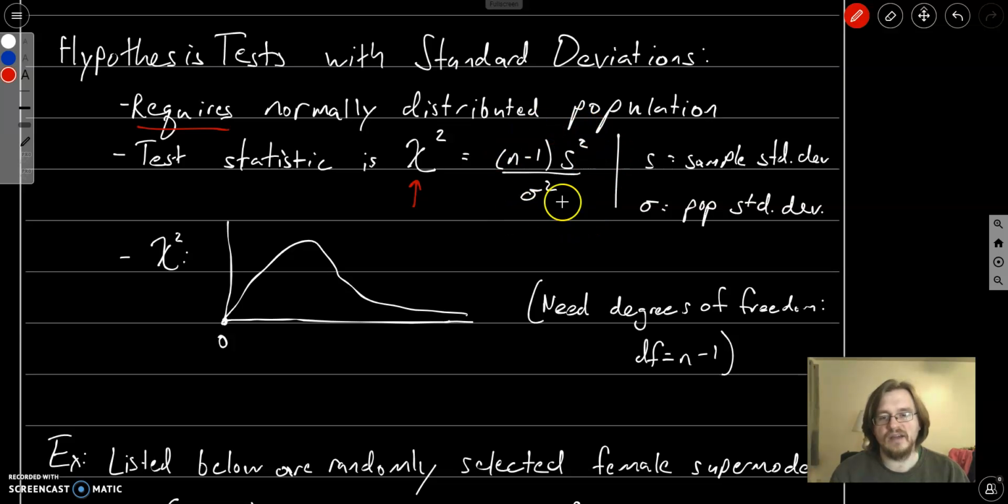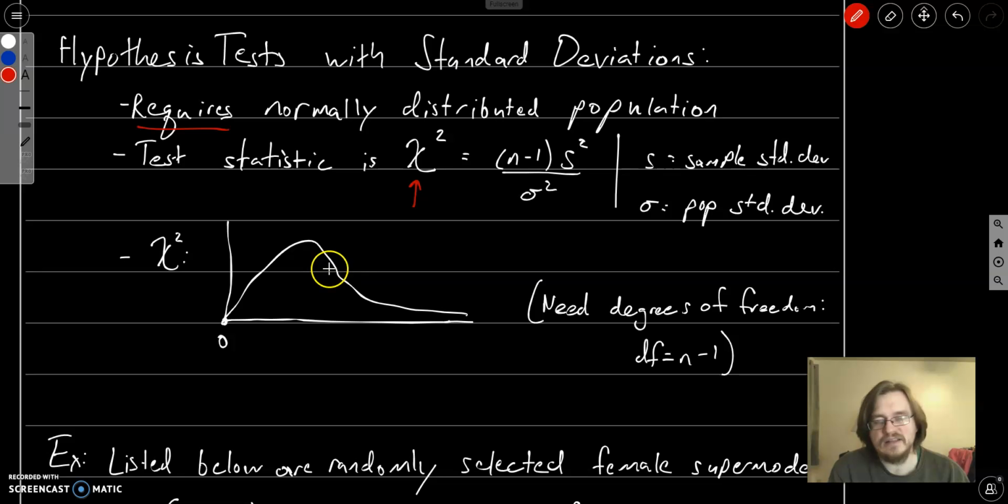This is how we calculate the chi-squared test statistic for our sample, where n is the number of elements in our sample, s is the sample standard deviation, the one that we calculate with our sample, and sigma is the population standard deviation, the one that we're estimating. So this test statistic is what we use.